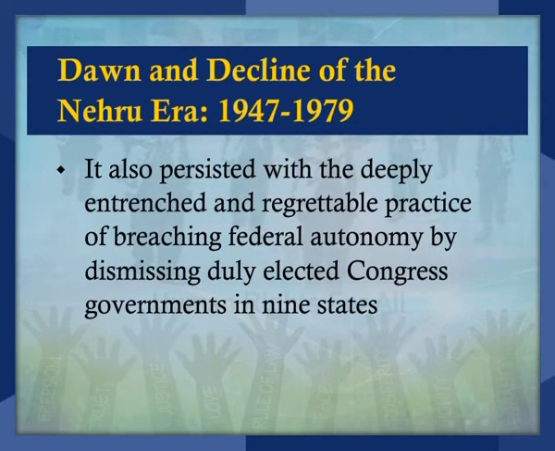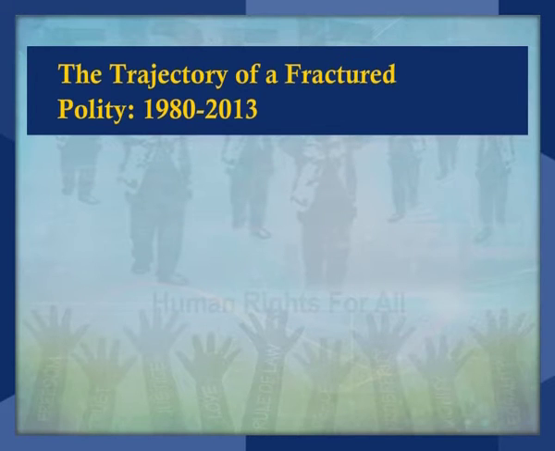It also persisted with the deeply entrenched and regrettable practice of breaching federal autonomy by dismissing duly elected Congress governments in 9 states. The trajectory of a fractured polity, 1980 to 2013.